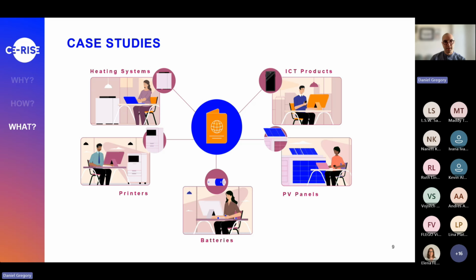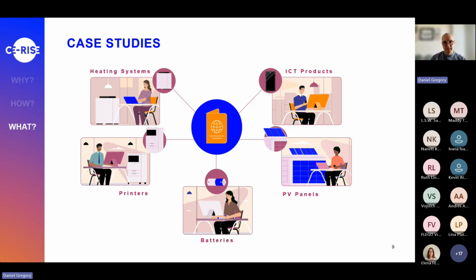We have Lexmark providing us with printers. We have Rossi in France providing us with PV panels at their end of life to understand how to better deal with those. And then a cluster, the EDI cluster, helping us with different batteries and how to understand this from a battery perspective.